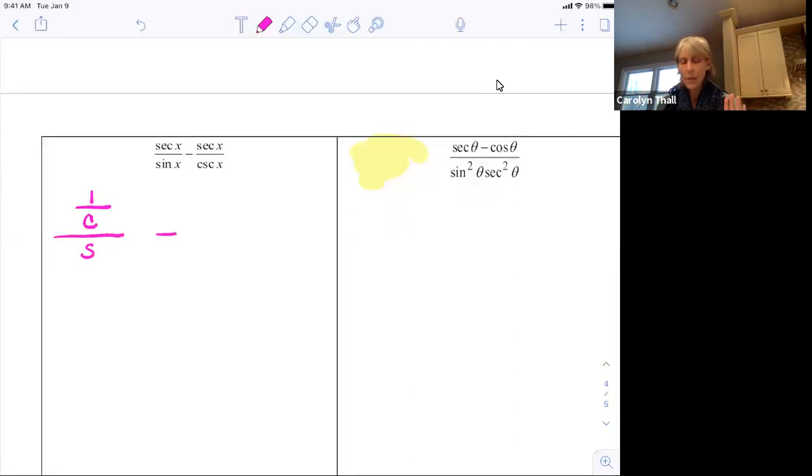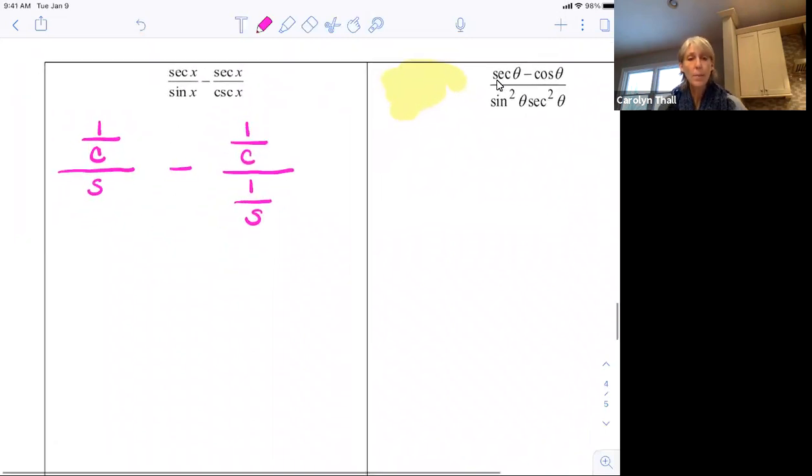I have a minus in between. 1 over cosine over 1 over sine. So I'm going to work one fraction and then my other fraction, and then I'm going to combine them together. Probably the same approach I would take algebraically.